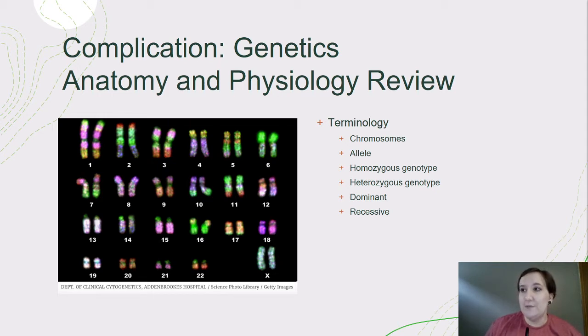Homozygous genotype. Basically here, both inherited genes are the same, but the alleles can be different. Okay? And then you can have a heterozygous genotype wherein both inherited genes are different. So look down at number 18. See, for anybody who's colorblind, I really apologize.